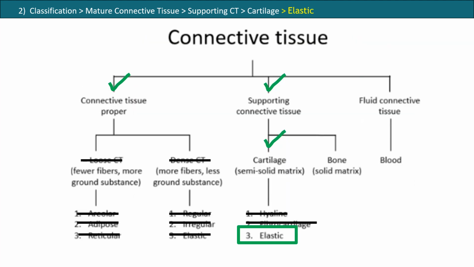Similar to the dense connective tissue that has an elastic form, in the cartilage version you're going to have not only one with a lot of fibers, but another one with more fibers that are very elastic. And this is the last example of connective tissue, cartilage connective tissue.